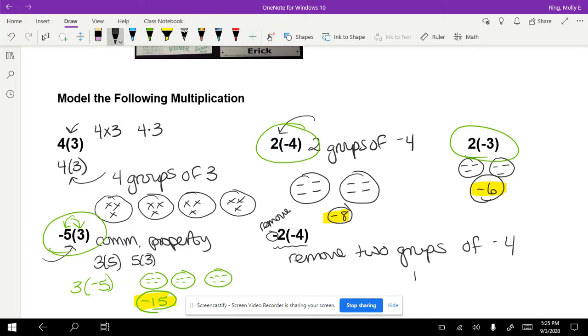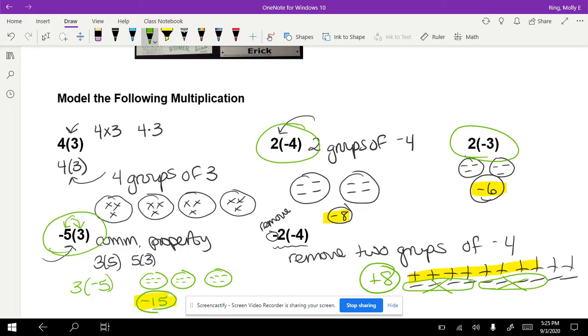Well, if we start out with a whole bunch of 0 pairs, like we did with addition and subtraction, you could look at it and say, I'm going to remove 2 groups of -4. Here's 1 group of -4 that I'm going to take out. Here's another group of -4 that I'm going to take out. And I'm left with a +8. So when you have 2 negatives, your answer is a positive answer.